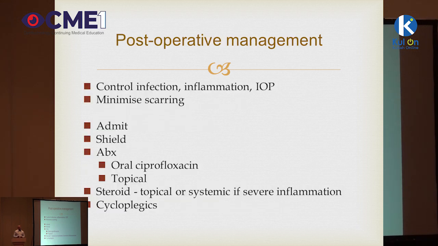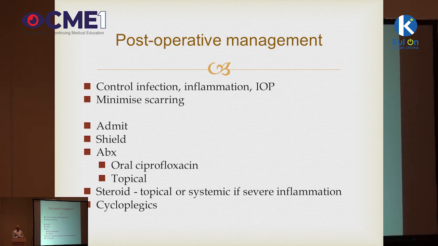In terms of what medications I put them on after surgery, I would put them on topical steroid eye drops every 2 hours for the first 1 or 2 weeks. I would put them on topical antibiotics, whether it's a ciprofloxacin-based antibiotic or chloramphenicol, every 2 hours for the first week. Usually I tell the patient to wear a shield for the first week, just so they don't accidentally traumatise the eye.